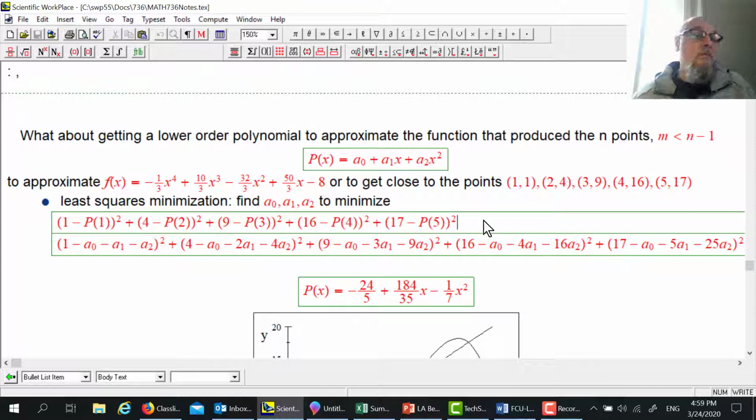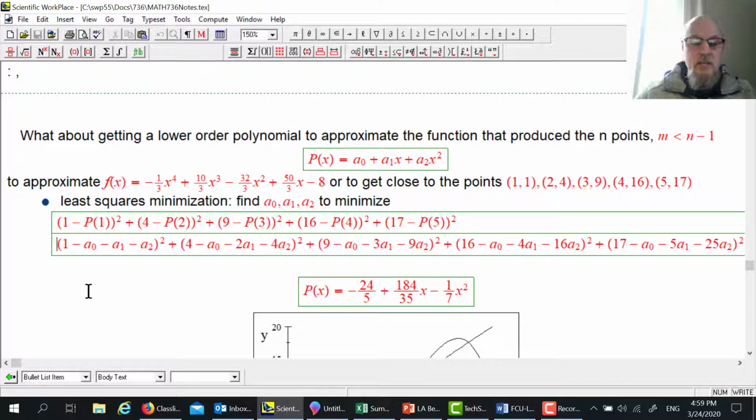Now it's basically a calculus problem. Minimize this. Here's the parabola with 1 put in, the parabola with 2 put in, the parabola with 3 put in. This is a function of a0, a1, and a2.